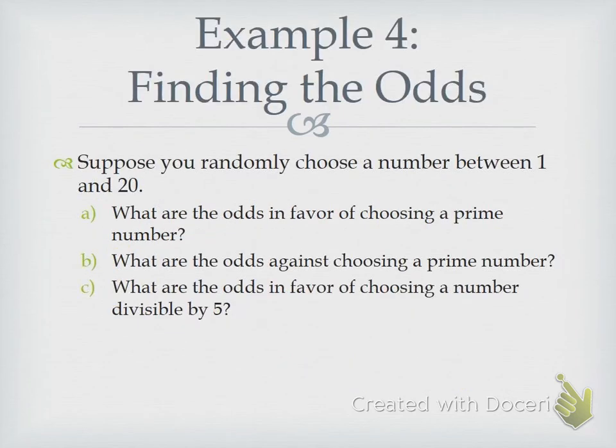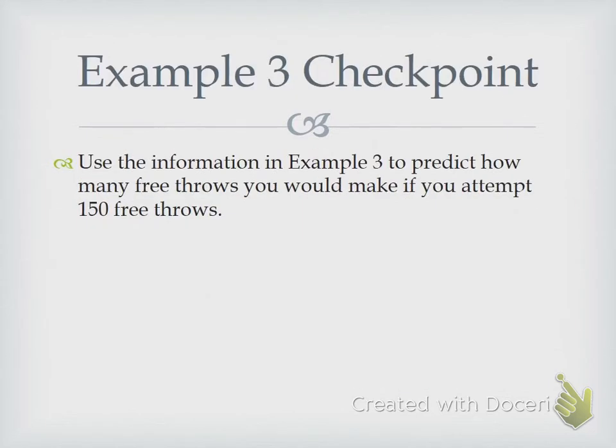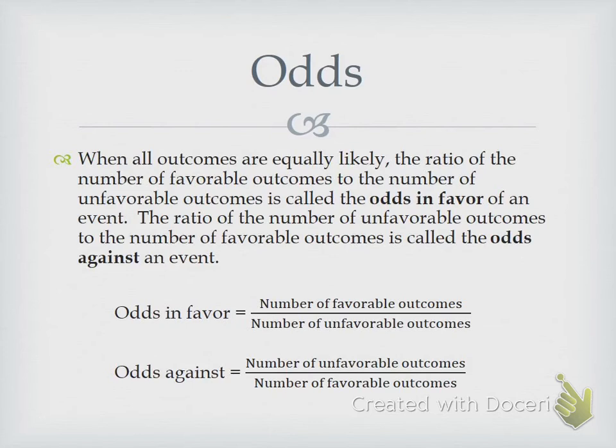It says, suppose you randomly choose a number between 1 and 20. What are the odds in favor of choosing a prime number? Let me backtrack real quick. There's one other thing I wanted to talk to you about. You say, how is it possible to keep these straight? Because you're going to get confused. I'm looking for odds in favor. Which one goes on top, favorable or unfavorable?